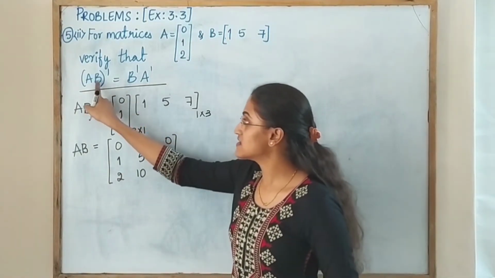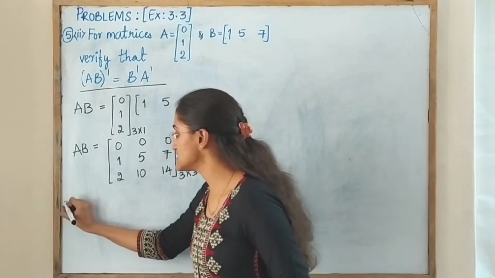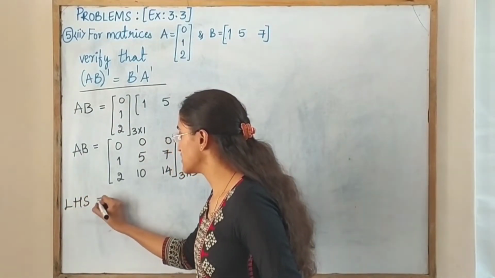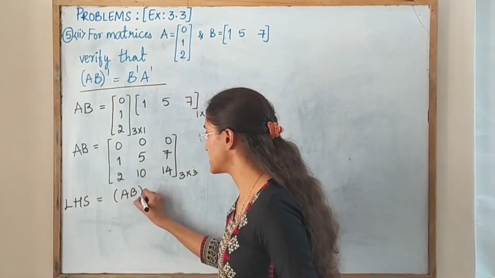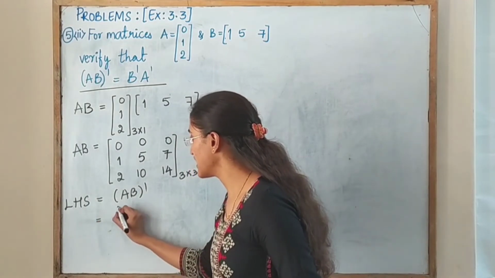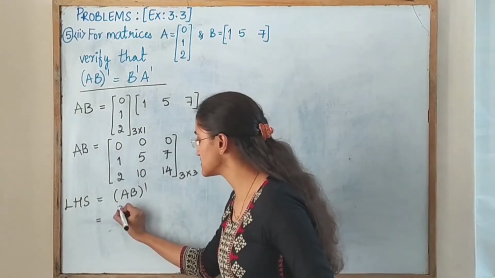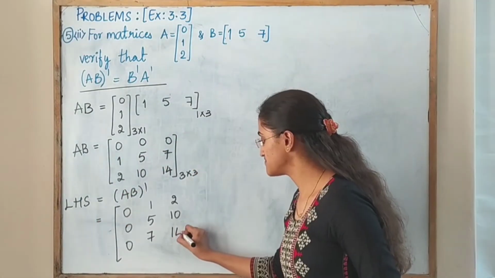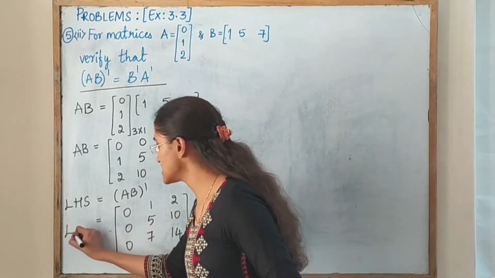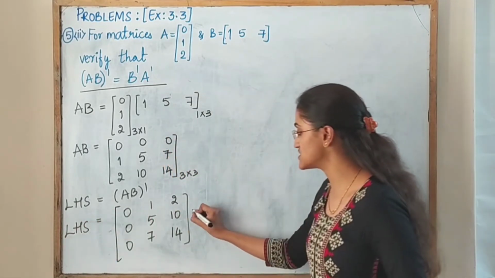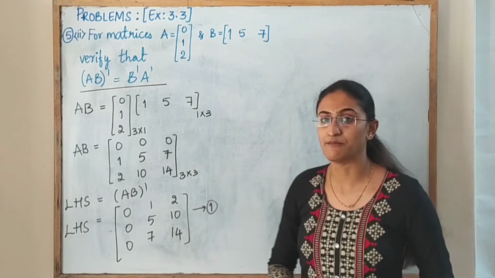Now, since we need the transpose for the LHS, the LHS is nothing but AB whole transpose, and therefore we transpose this matrix. We get the LHS as this matrix, and let us take this as equation number 1.